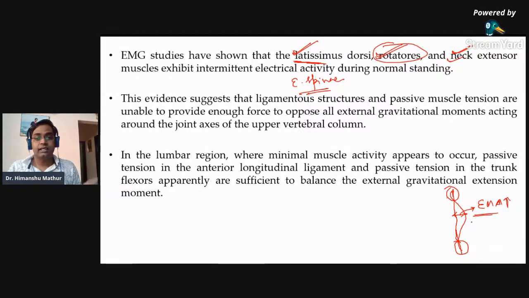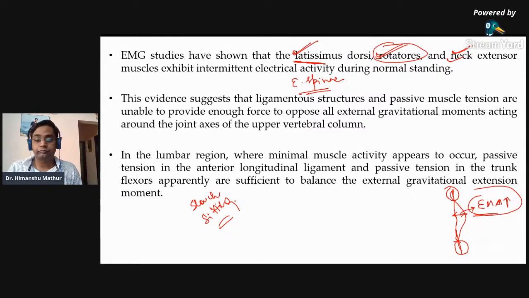So the extensors of the thoracic spine are at some point quite unable to generate a counteracting torque. That is why the thoracic spine is usually kept in a hyperkyphotic or kyphotic posture. And this is the reason why, for people who have longer sitting hours, slouch sitting or slumped sitting is very, very common, very prevalent, because of the already present greater external moment for the thoracic spine, right?